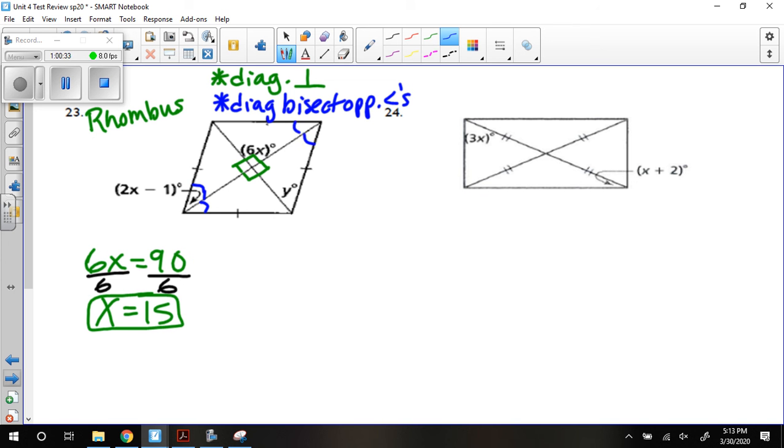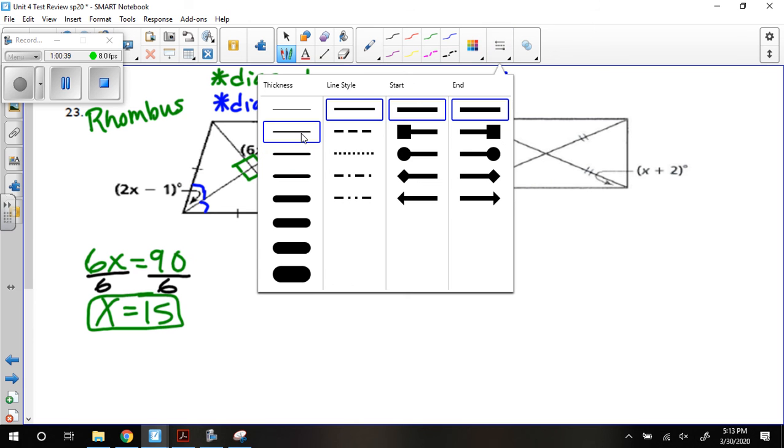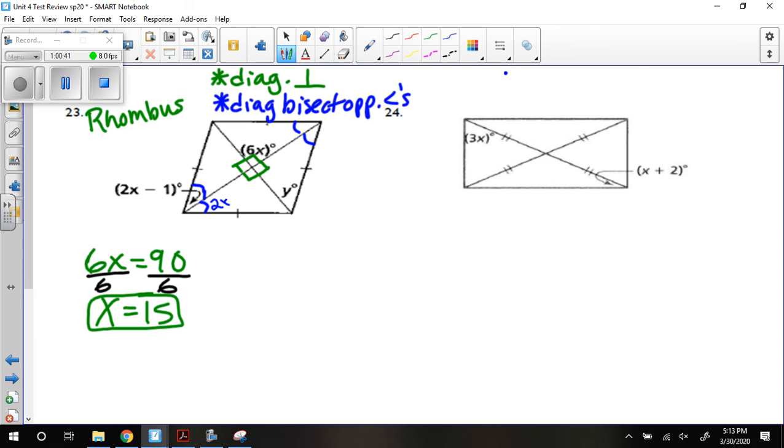So I can transfer that 2x minus 1 to all 3 of those other locations. So this is a 2x minus 1, this is a 2x minus 1, and this is a 2x minus 1. Okay, for my y, I know that this angle is congruent to this angle, so this is y, and this angle, y, congruent to this angle, y.